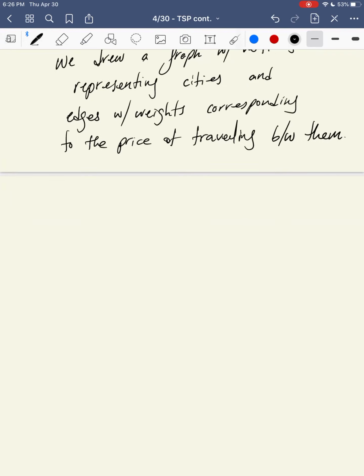Okay, and so what that looked like was with 5 cities, if we have A, B, C, D, and E, and we drew a complete graph on 5 vertices.